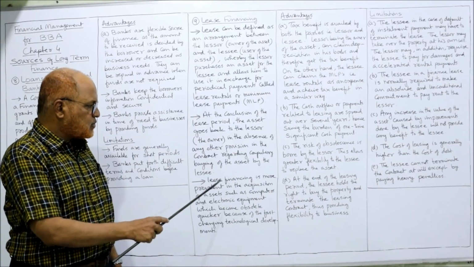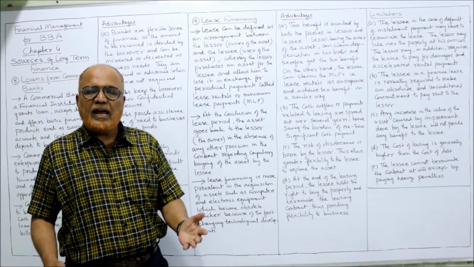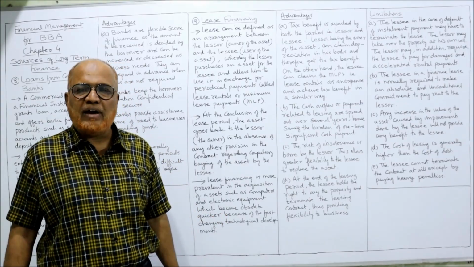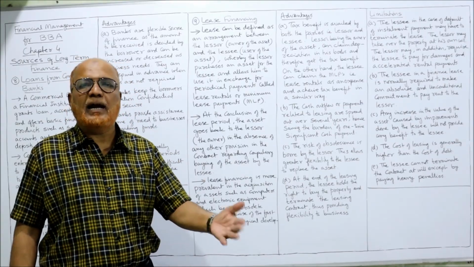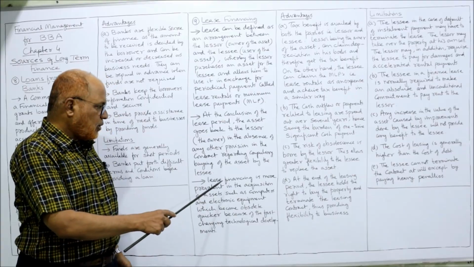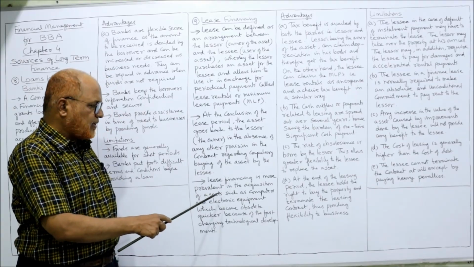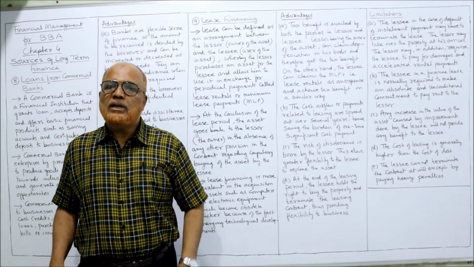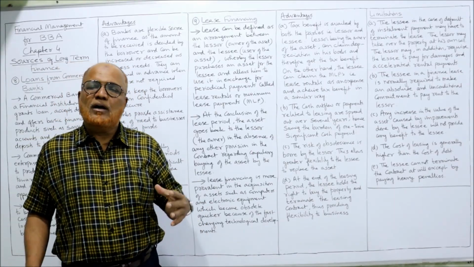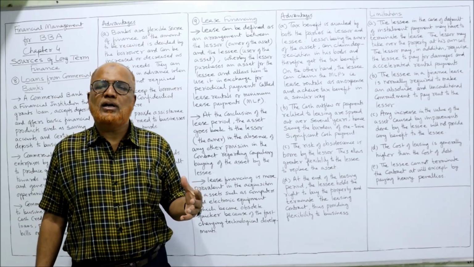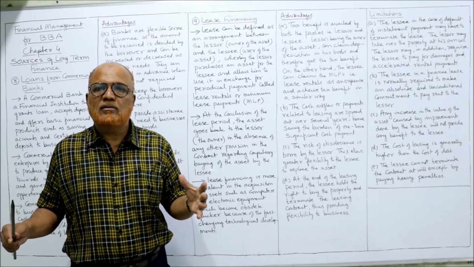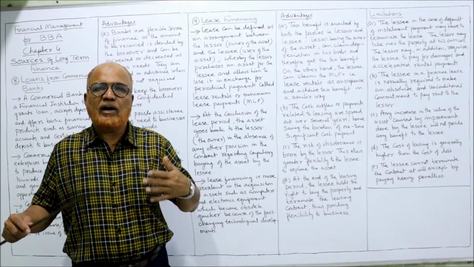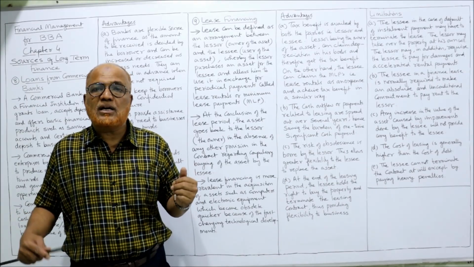Now, lease financing is more prevalent, or commonly adopted, in the acquisition of assets such as computers and electronic equipment. Due to technological development, computers and other electronic equipment will become obsolete very soon, because a lot of economic or technological development is taking place.